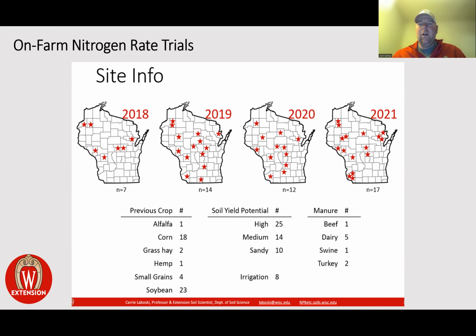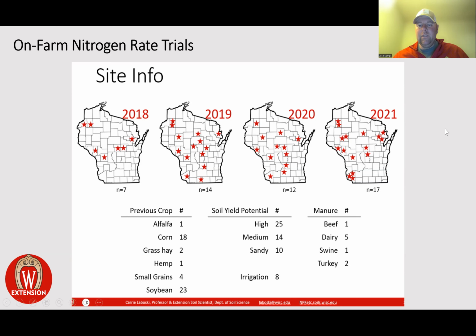Then we can really target our nutrient applications based on those different yield potentials, to give us that space between profitability and environmental stewardship. Most of these soils were either high or medium yield potential soils. That is listed for every soil type in the state of Wisconsin in the A2809 guide.